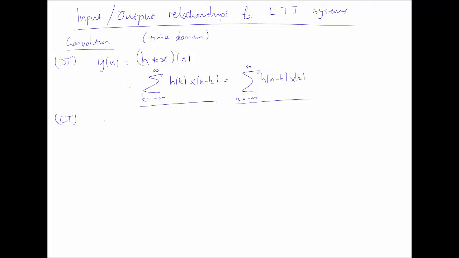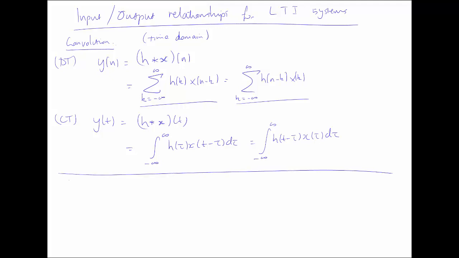We also have a continuous time version of this, in which the sum is replaced by an integral, and again you can switch the order for whichever one is more convenient for what you're doing. All right, so that's the time domain input-output formula. And then we have our frequency domain formulas. So in continuous time, this is for now for BIBO stable systems.